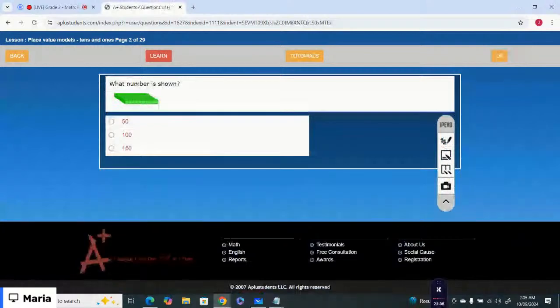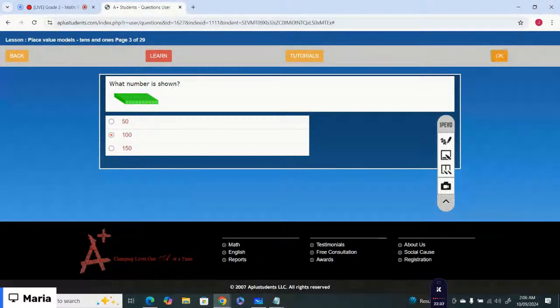Which number is shown, which is the correct option? This model represents 100, right? You have 10 rows and 10 columns, so that represents 100.